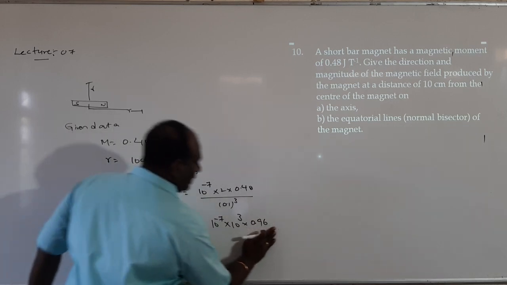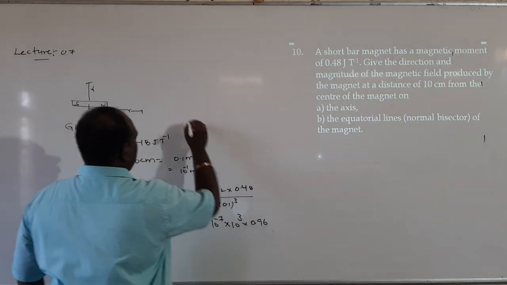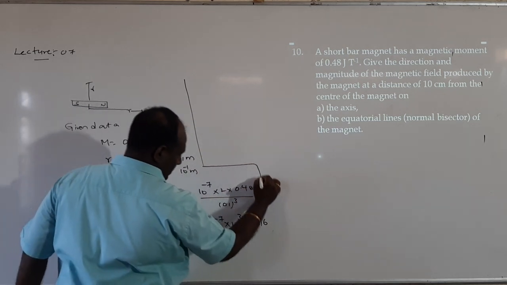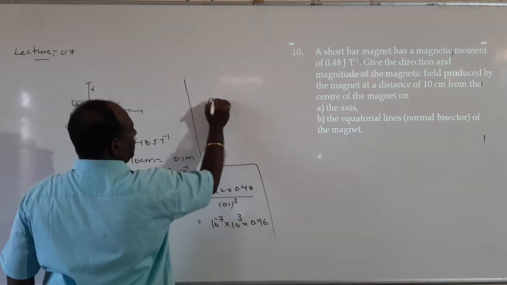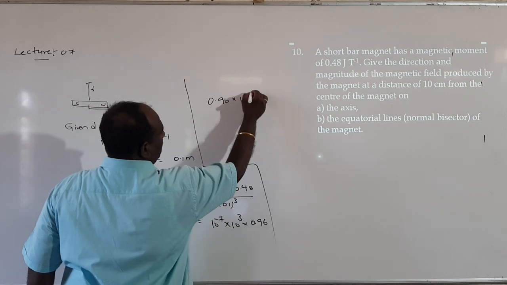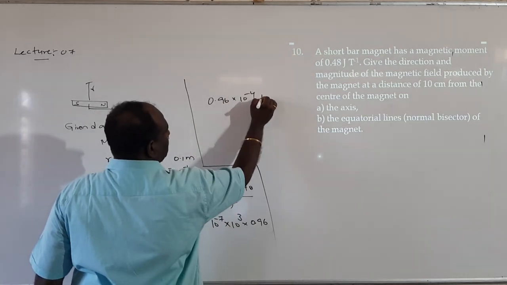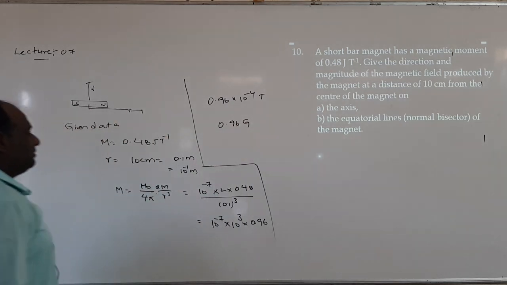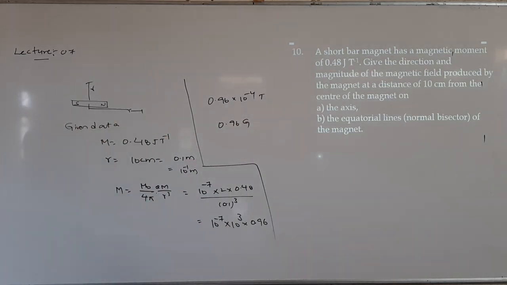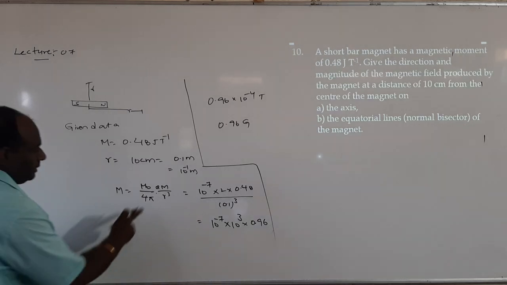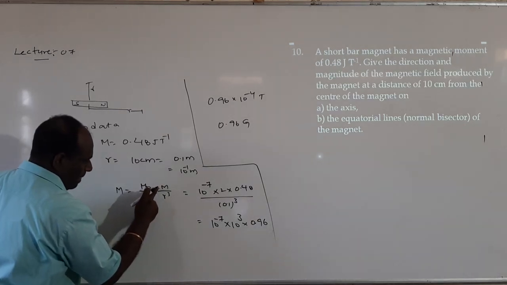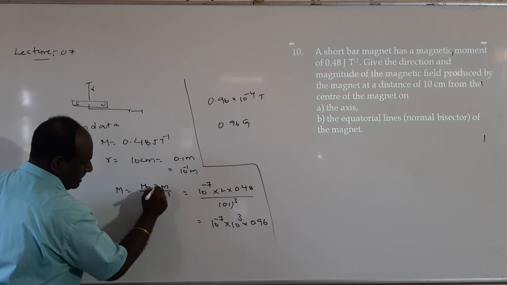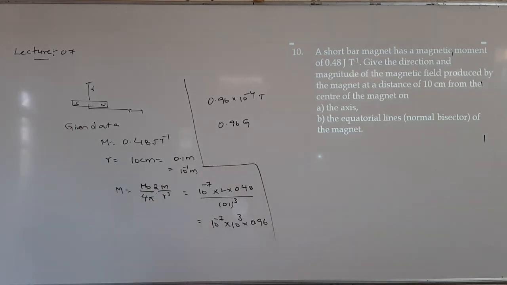If you do the calculation, you will get 0.96 into 10 power minus 4 Tesla. This is the magnetic field along the axial line.